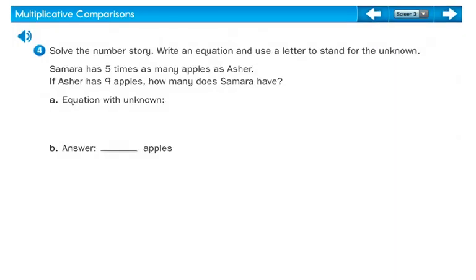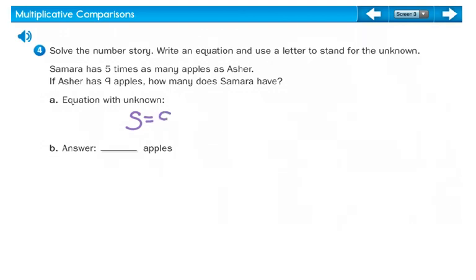Number 4. Samara has 5 times as many apples as Asher. If Asher has 9 apples, how many does Samara have? Well, obviously you could draw a picture of apples, but that would take you a really long time. And as 4th graders, you are coming across more complex problems. We can go ahead, and I'm going to have S represent Samara. That's what we're trying to solve for, the variable.